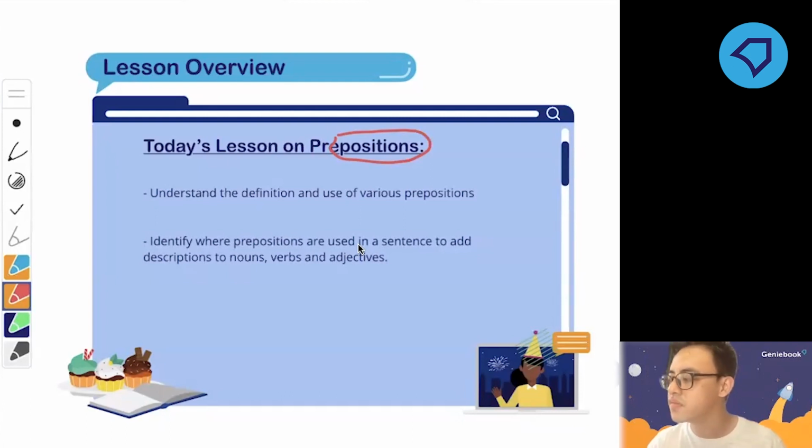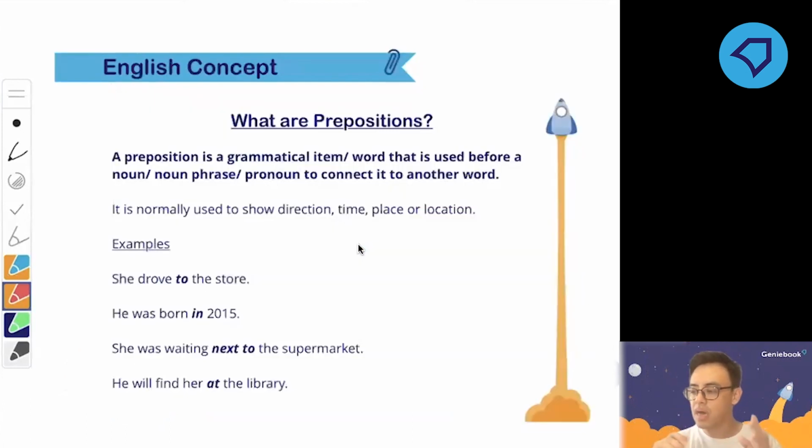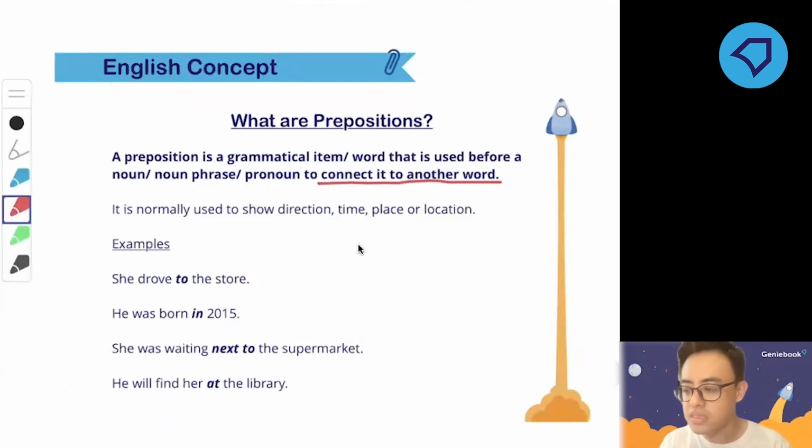Let me make it easier for you. A preposition is a grammatical item or word that is used before a noun, a noun phrase or a pronoun to connect it to another word. Please note this if you have a book or a paper with you.